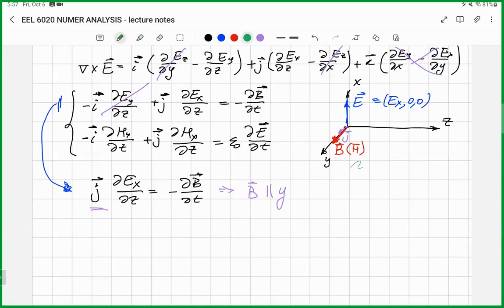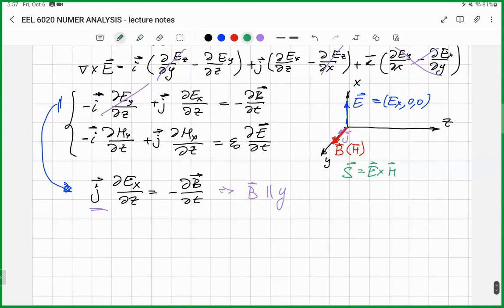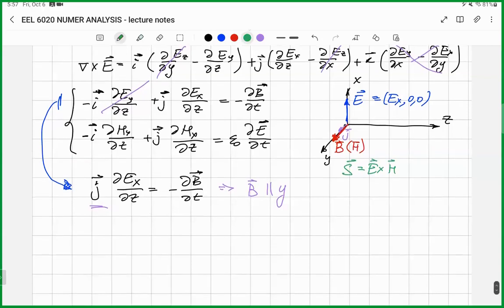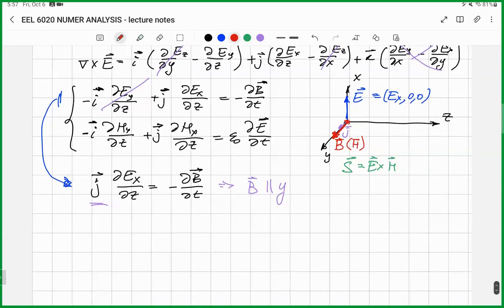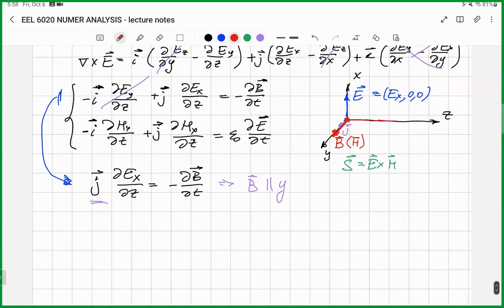Another observation: the Poynting vector, which is equal to the cross product of electric field and magnetic field vectors, is orthogonal to both of them. So the Poynting vector points in the direction of wave propagation.